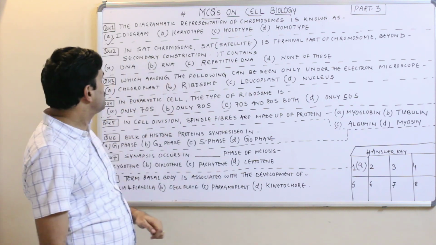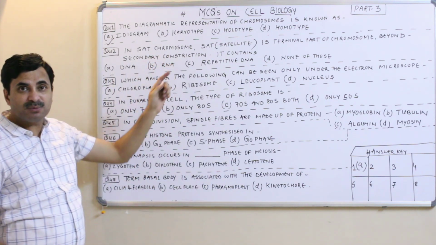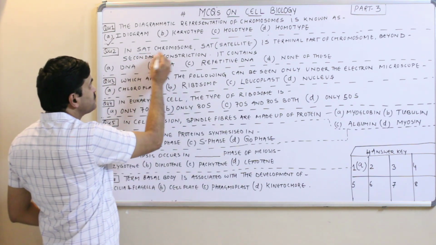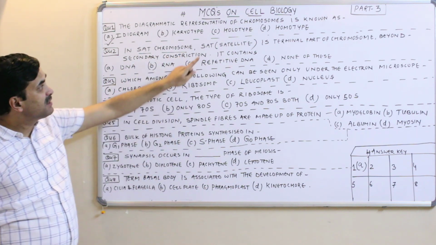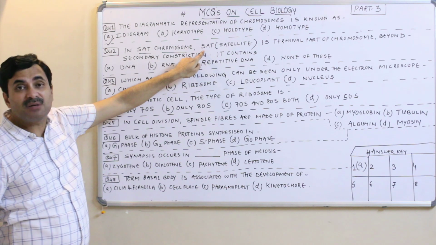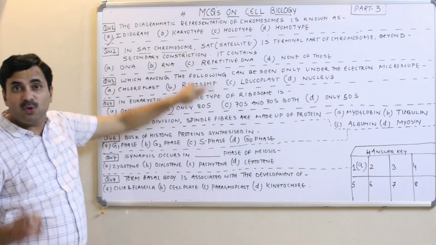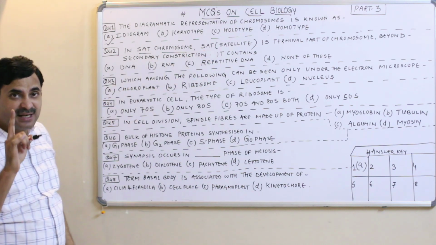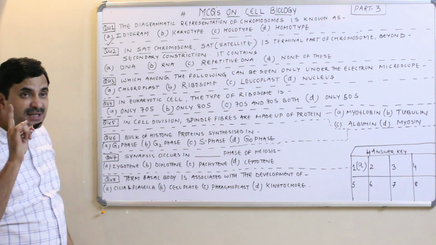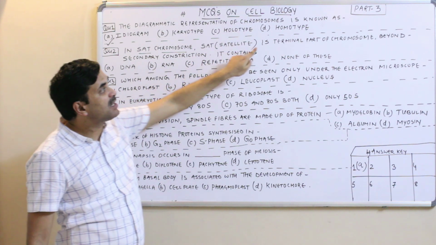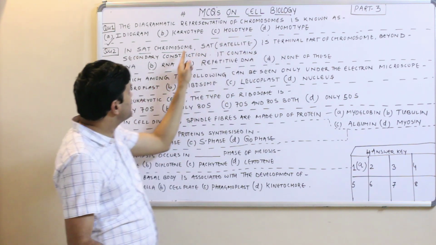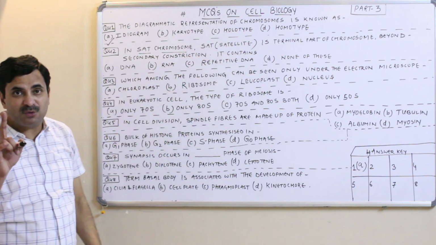Now question number 2, in SAT chromosome. You know what is SAT chromosome? A SAT chromosome is a chromosome which bears a satellite at its terminal part. All chromosomes do not have the satellite. In SAT chromosome, the satellite is the terminal part of the chromosome.